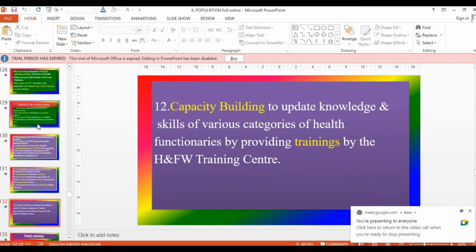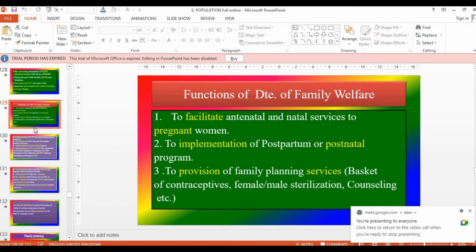Okay, these are the important functions of the Department of Family Welfare.